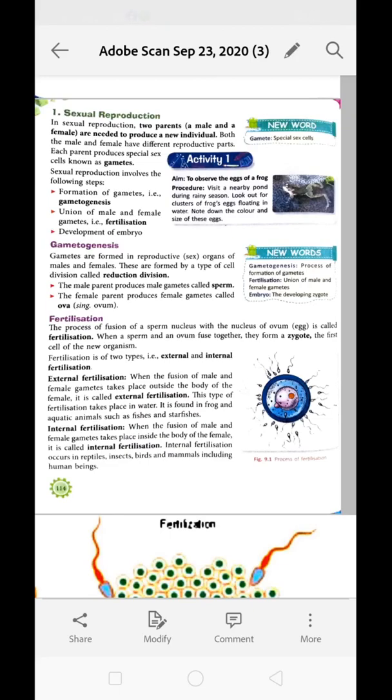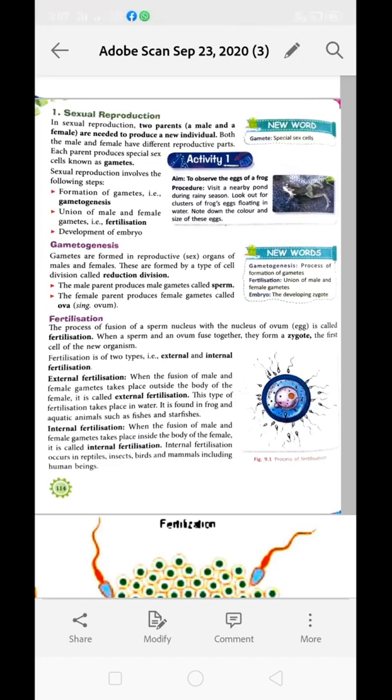Clear? Now, sexual reproduction has the following steps. What are they? First is formation of gametes. Both male and female form their own gametes, and the formation of gametes is known as gametogenesis. The male forms sperm, and the formation of sperm is called spermatogenesis, whereas the female forms ovum, and the formation of ovum is known as oogenesis.